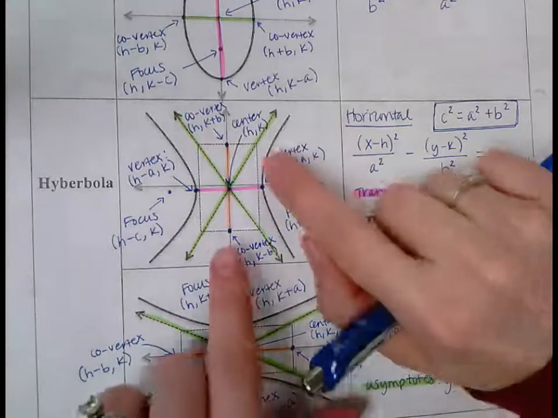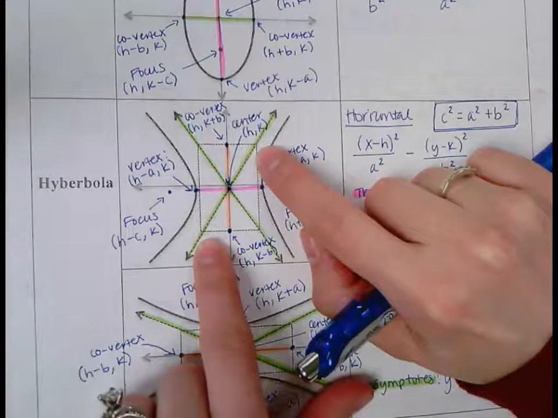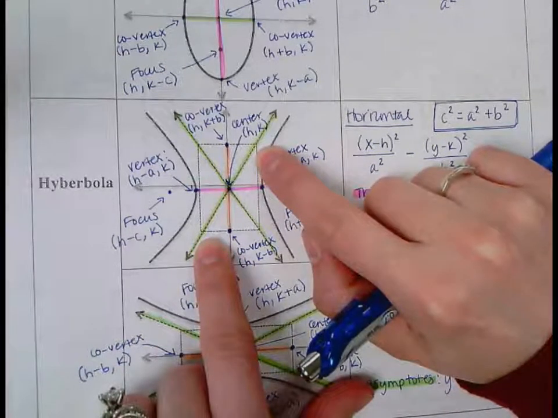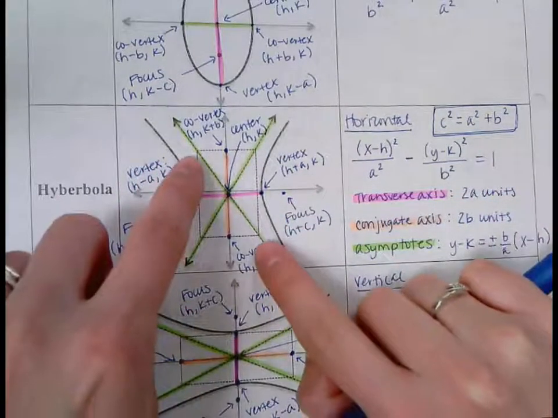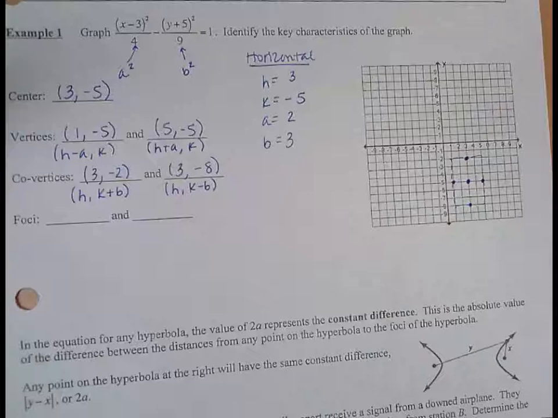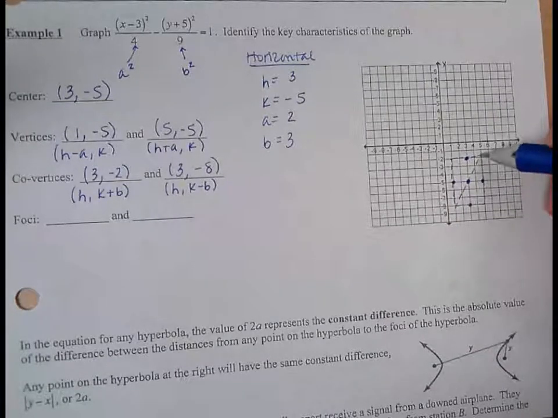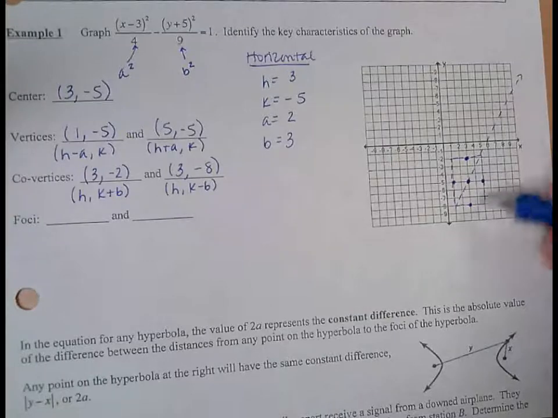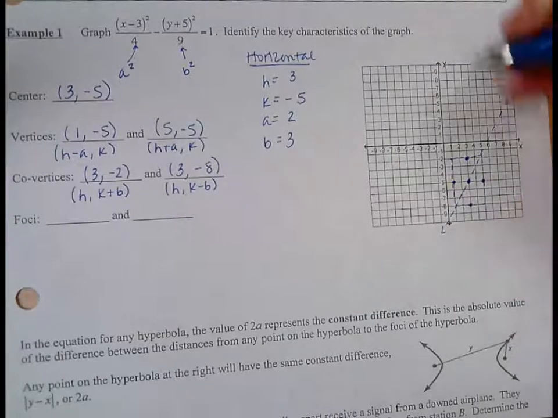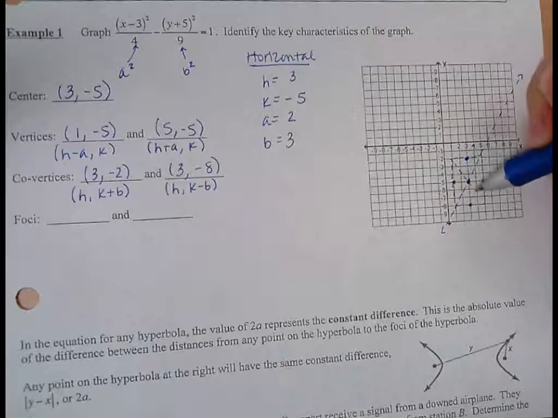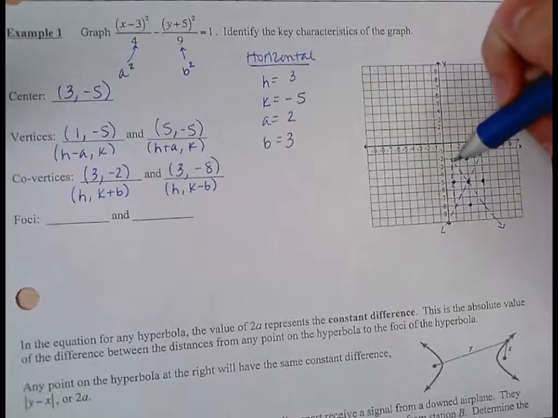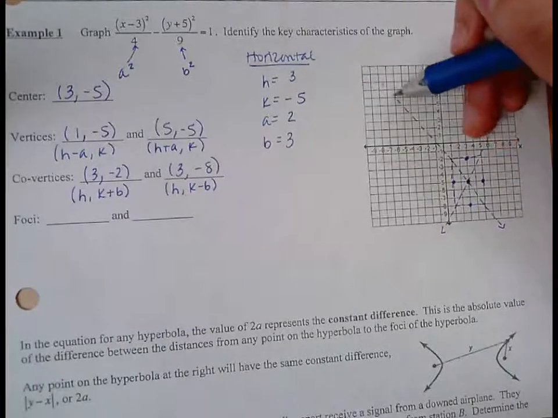We could do that, but the asymptotes go through the corners of your box. So if you make the box, you can draw in the 2 lines that go through your center and the corners of that rectangle. And again, they should be dashed. Do go all the way through because we're using the asymptotes then to draw in the hyperbola.